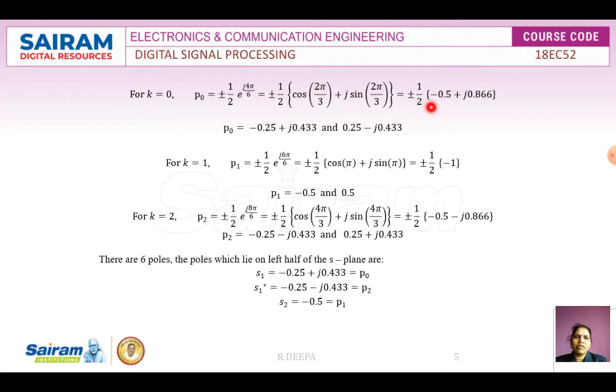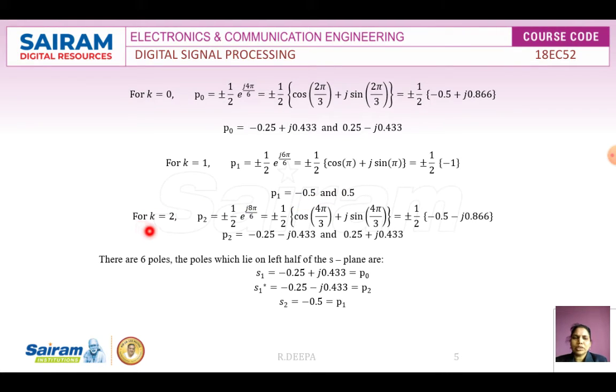Substituting the corresponding values, we are getting p naught as plus or minus 1 by 2 times (minus 0.5 plus j 0.866).